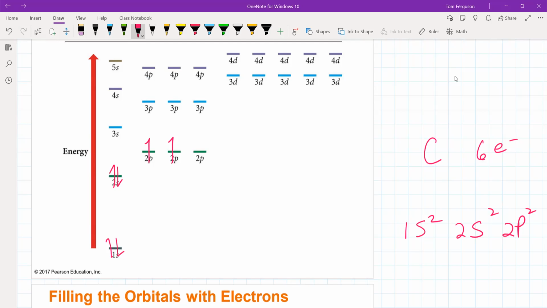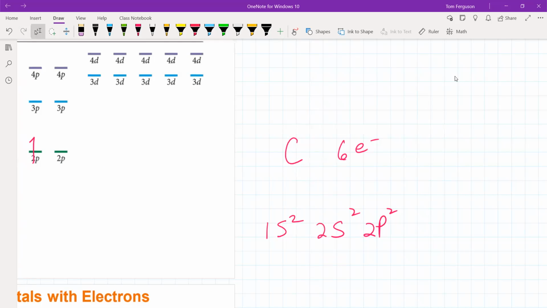Remember now the p's, we can put 6 in there. So if we look at the outermost orbitals, we have this. If the question asks you for an orbital diagram, this is what you'd put. If it just asked for the electronic configuration for carbon, it would be this.